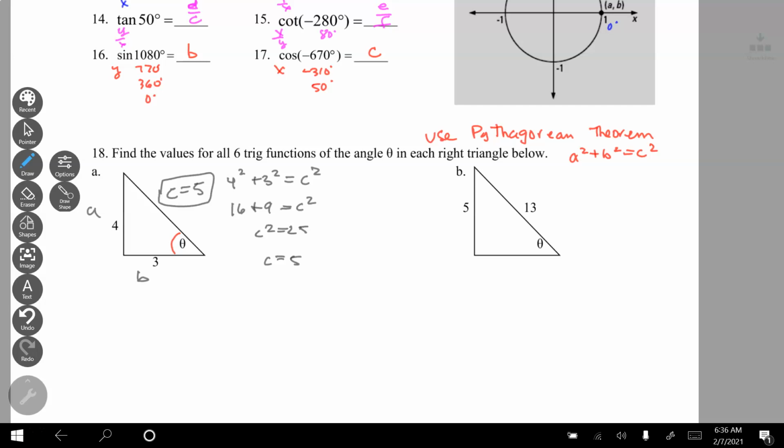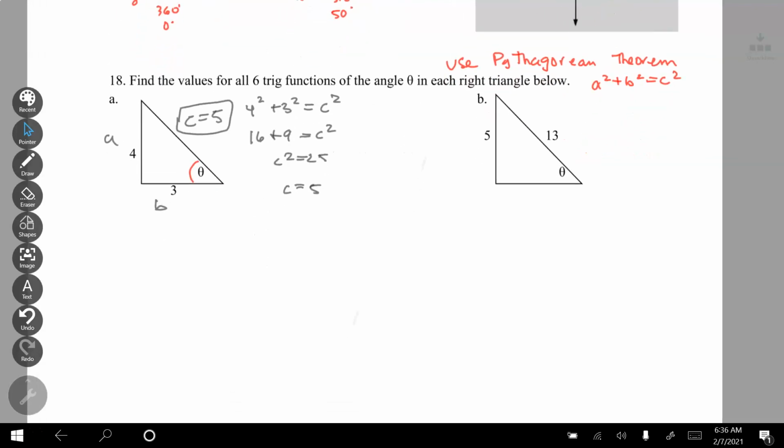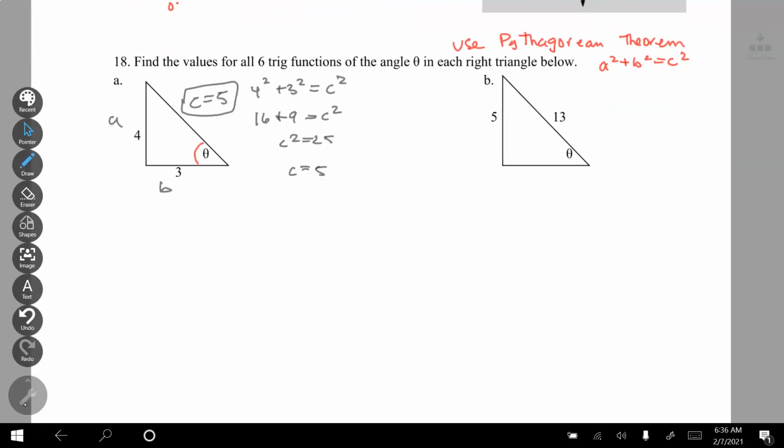So once I have that missing side, I could do all 6 trig functions. I tend to do sine first, so sine of theta is opposite over hypotenuse, or 4 over 5, which means cosecant is its reciprocal, 5 over 4.